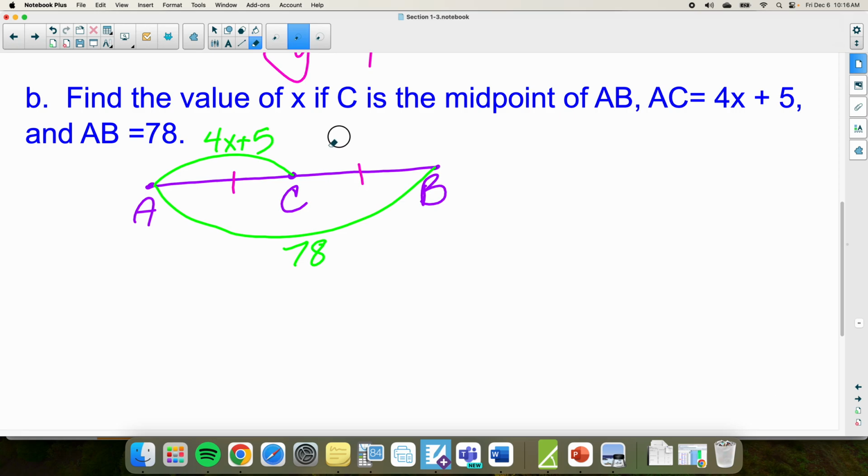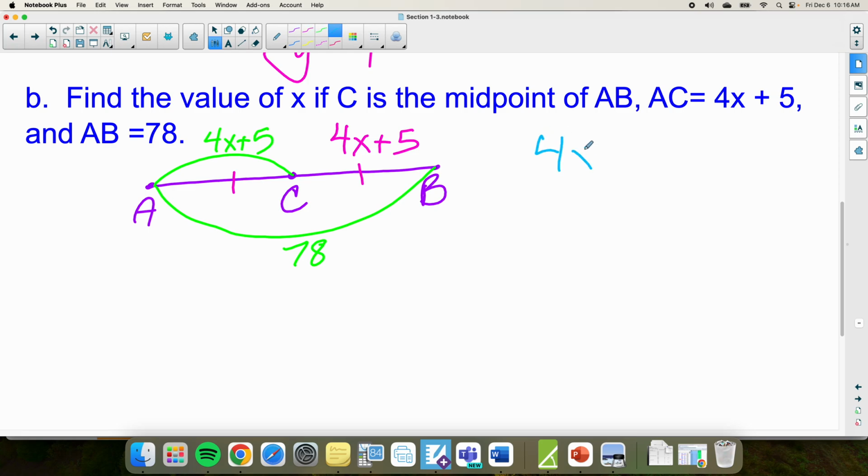If that's 4x plus 5, this is 4x plus 5. Now do you see what you would do? Could you take this plus this and set it equal to 78? Now we know both of those, if we add those together, it should equal 78.